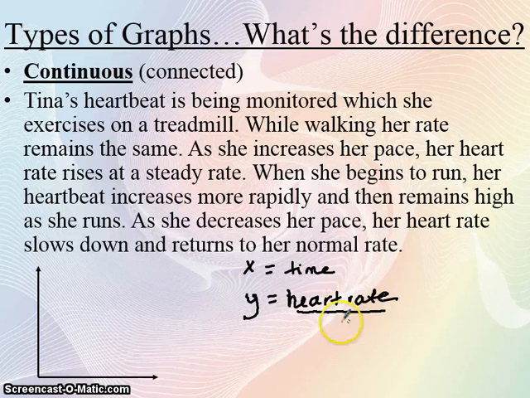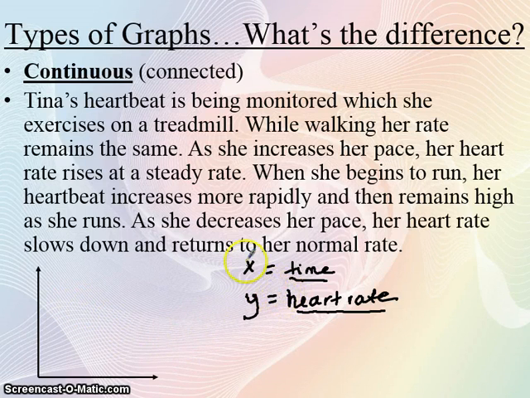And that means that her heart rate will always be monitored. Likewise, time is always occurring. So this will be a continuous graph because the heart rate is continuously being monitored while she exercises, and her time is constantly occurring as she exercises.